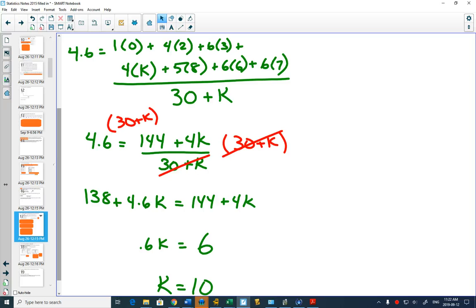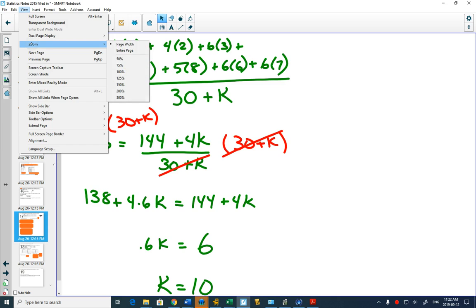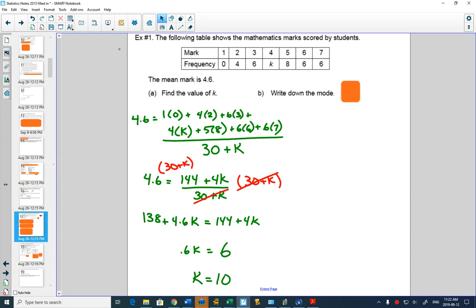Here we got our k value of 10. If we go back to the entire page now, if k is 10, our mode is going to be 4, because now we know that that one occurs the most times.